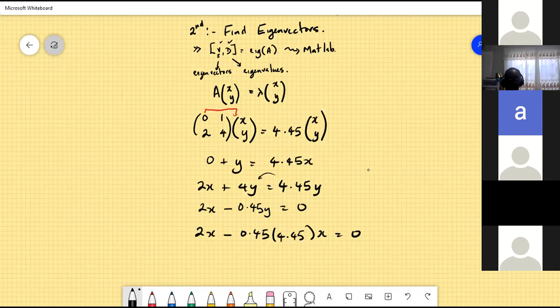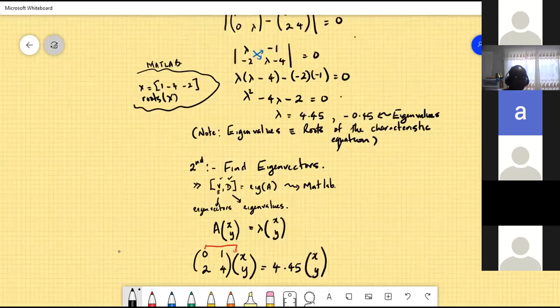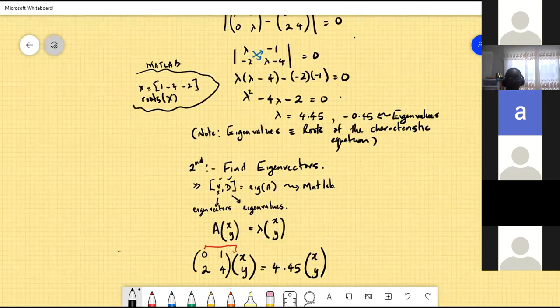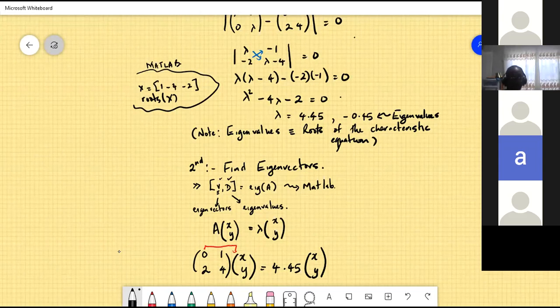When you found the solution to the quadratic equation up here, what did you get? 4.45 and minus 0.45. Yes, sir. Sir, make it the other way around, minus 4.45 and 0.45?